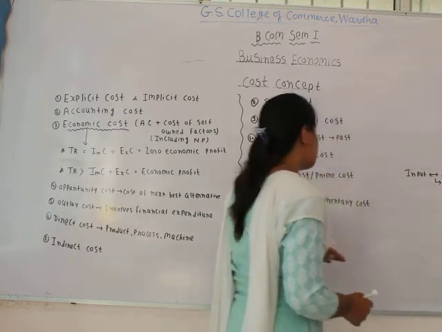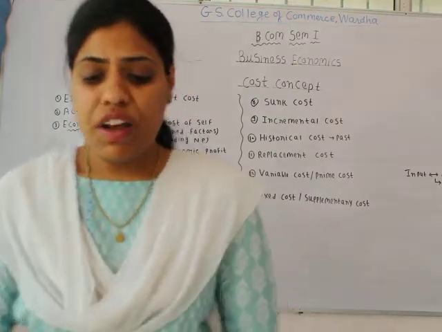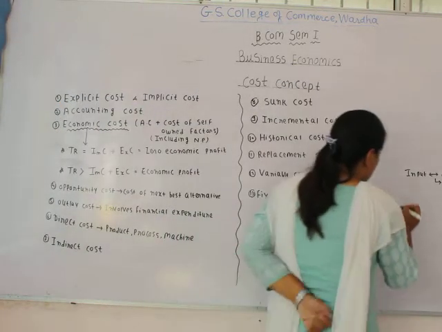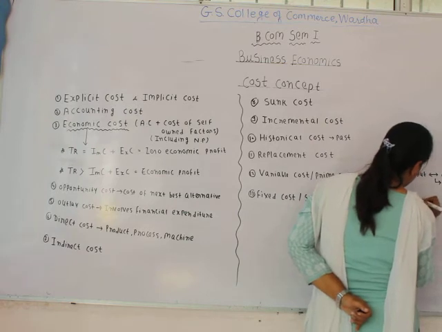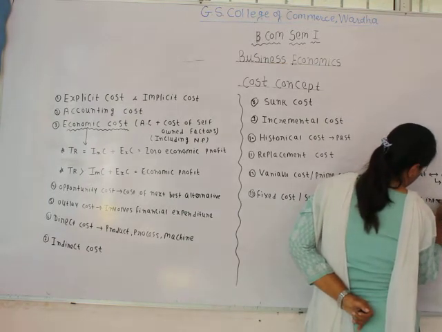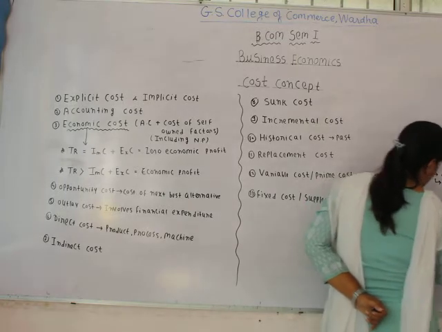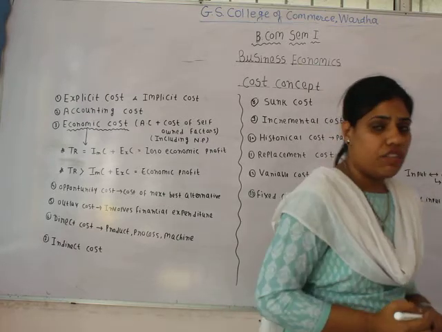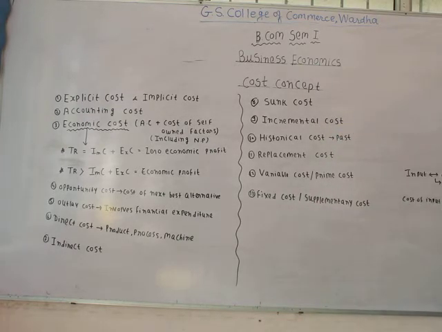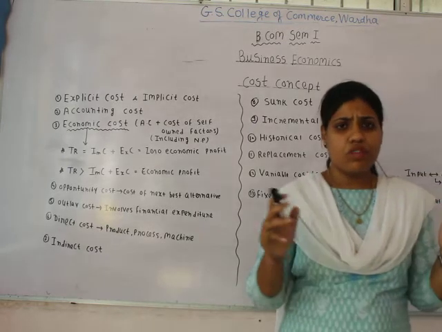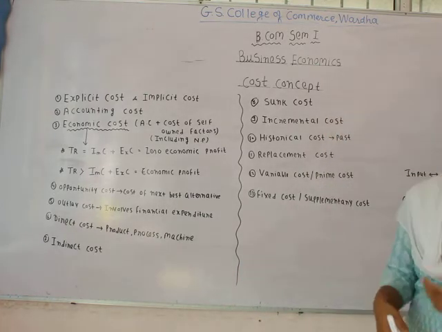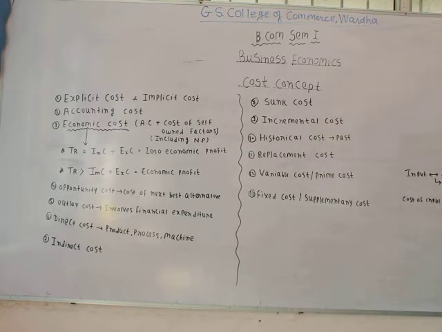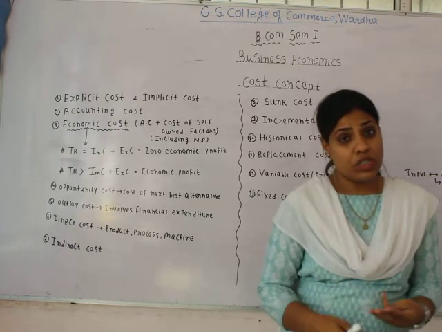Now when we are talking about the cost function, so cost function is a relationship between cost of inputs and output. Means when we talk about the production of particular commodities or delivering particular services, various types of cost are incurred. Like raw material is purchased, laborers are employed, if the capital is borrowed, so interest is given.